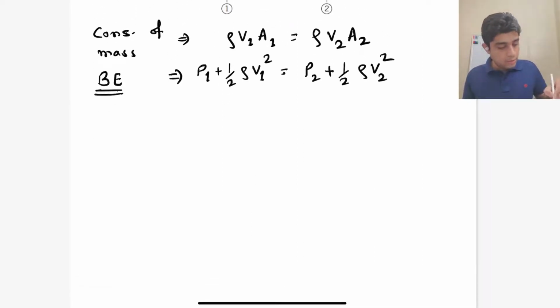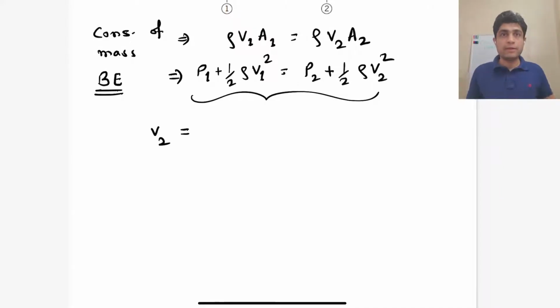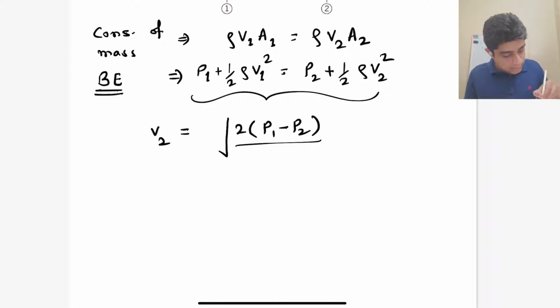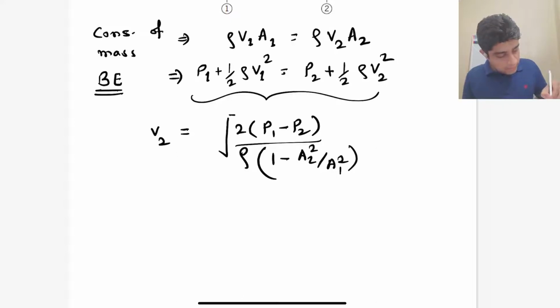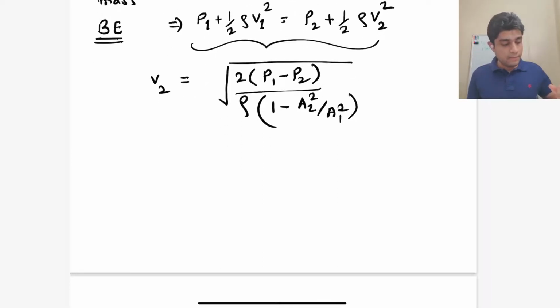If we solve these two equations, we can find the expression of velocity at 2 in terms of the pressure difference P1 minus P2, and it turns out to be equal to this formula as I have written on the screen.